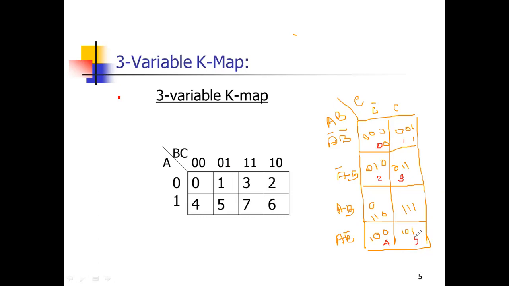The reason is you should adopt the gray code: 5, 6, 7. Now you can verify the bit changing between two cells. Between these two cells, 0 0 no change, 0 to 1 one change, 0 0 no change.